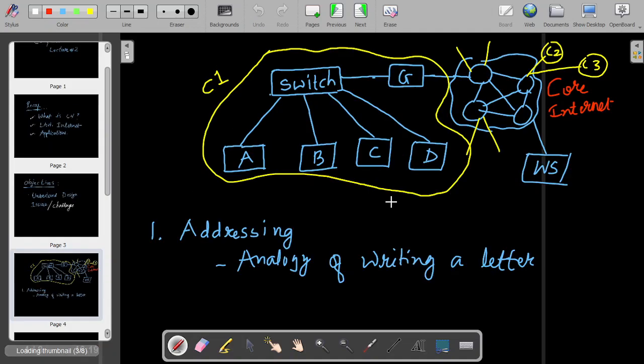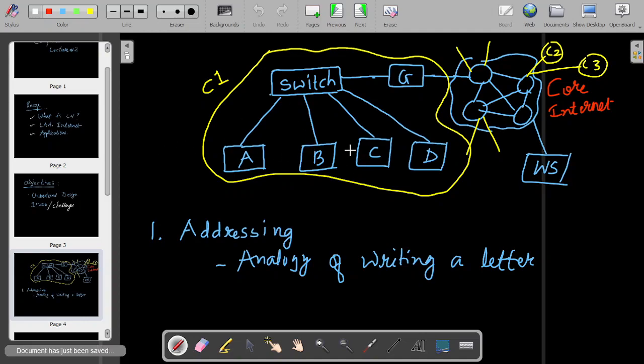So, to start with, I gave this example earlier in the first tutorial also, that we have a LAN and the LAN is connected to a gateway, which is in turn connected to the internet. And I said that there are many applications of internet like surfing websites, sending and receiving emails, video conferencing.